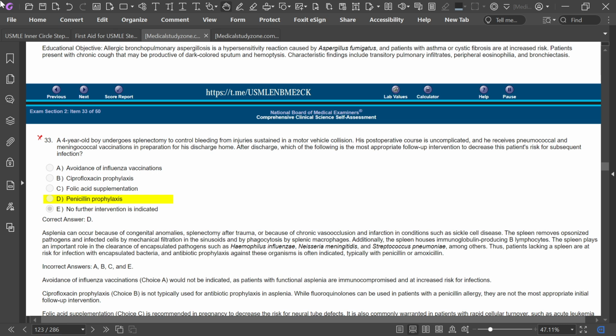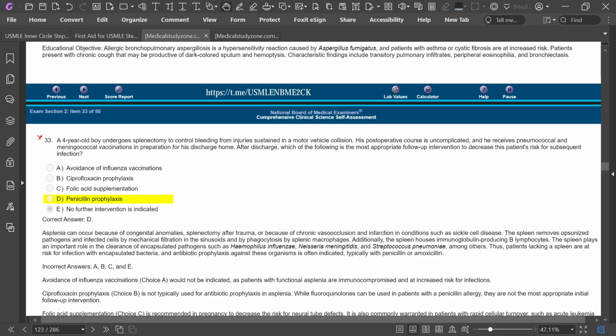The spleen removes opsonized pathogens and infected cells by mechanical filtration in the sinusoids, carried out by phagocytes and splenic macrophages. Additionally, the spleen houses immunoglobulin-producing B lymphocytes. The spleen plays an important role in defense against infection with encapsulated bacteria.